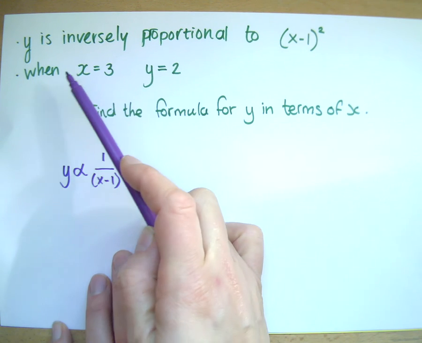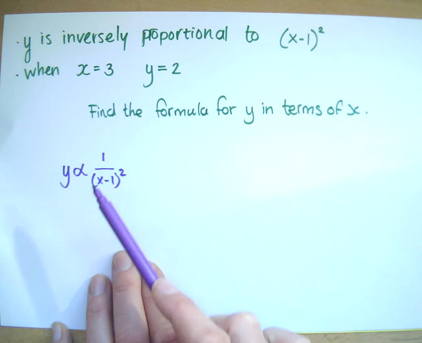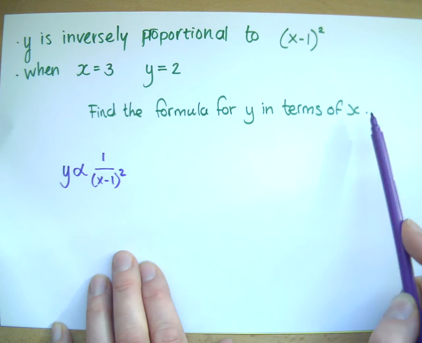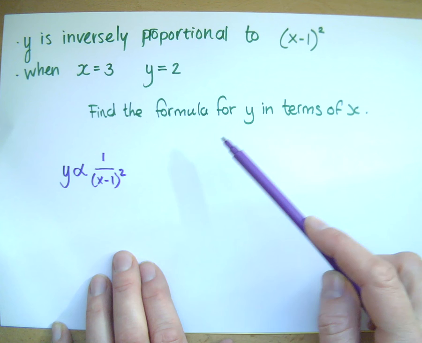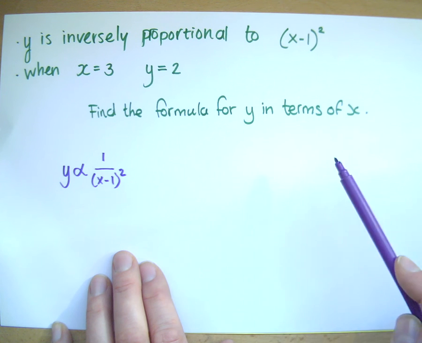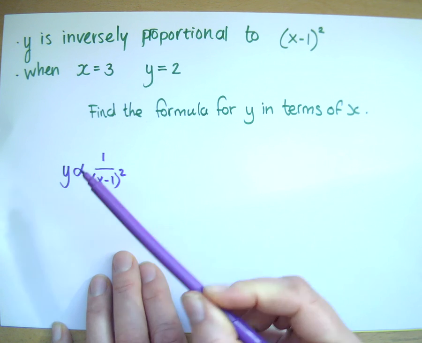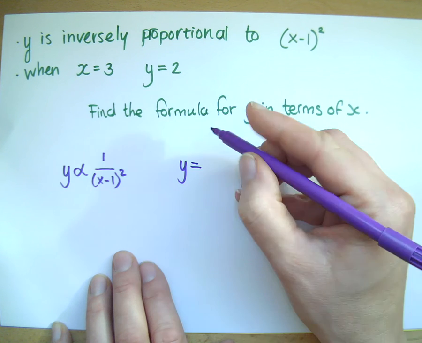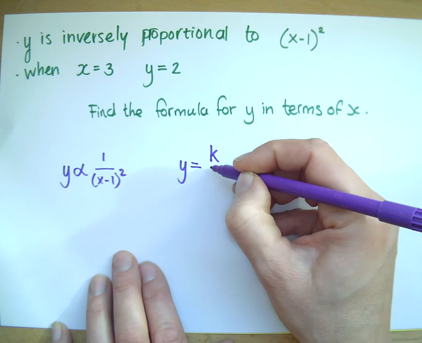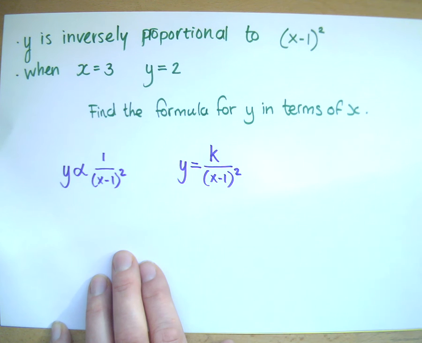They also tell us, well, when x is 3, y equals 2. So find the formula for y in terms of x. So we're looking for the formula where we say y equals something with k and something with x. This statement can be translated into y equals some constant divided by x minus 1 squared.